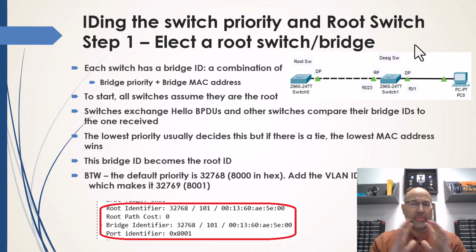Now this is a blast from the past. This is what we did last time, so I'll just go through this real quick. The first thing that we do to identify the root switch is who's got the lowest bridge ID. That's the combination of the priority plus the MAC address. So no matter what VLAN we're talking about, you're going to put those together, take a look at the priority, and then you add the MAC address, and whoever has the lowest value becomes the root.